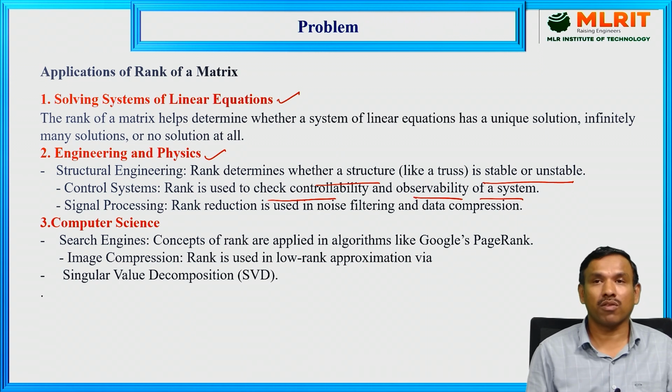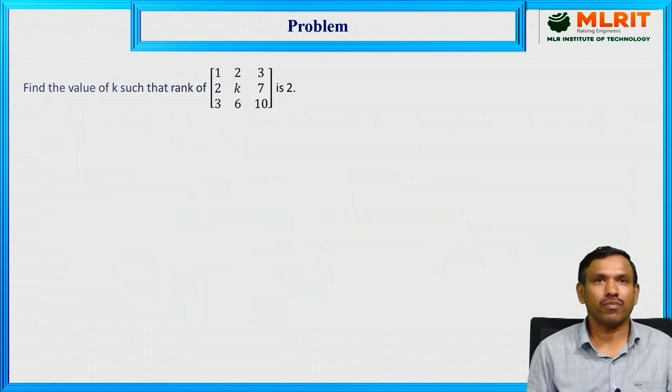In computer science, in search engines, when we do a Google search, which page comes first uses Google PageRank. Singular value decomposition, image compression, and many other applications we have, right?